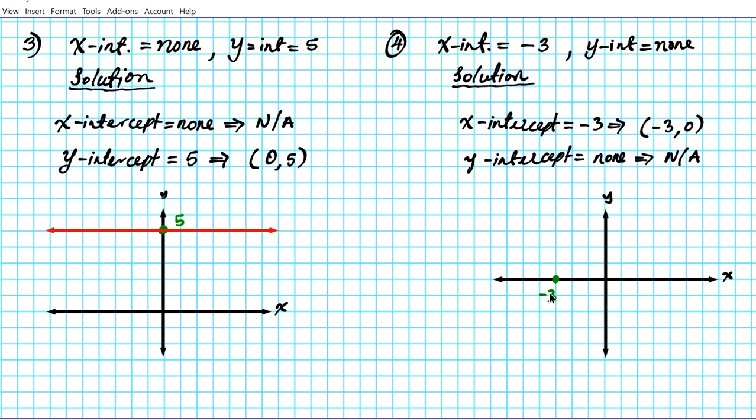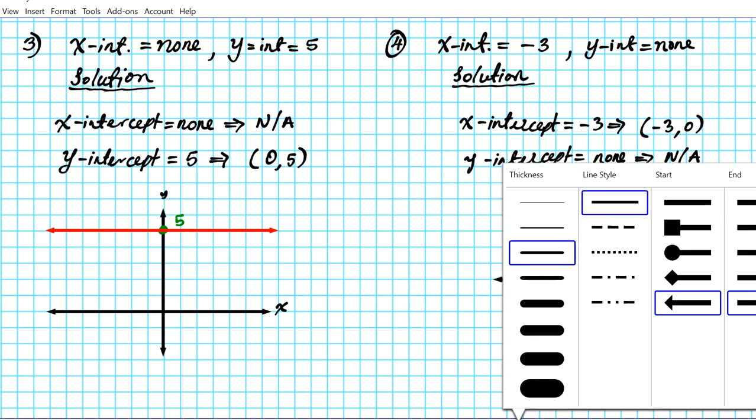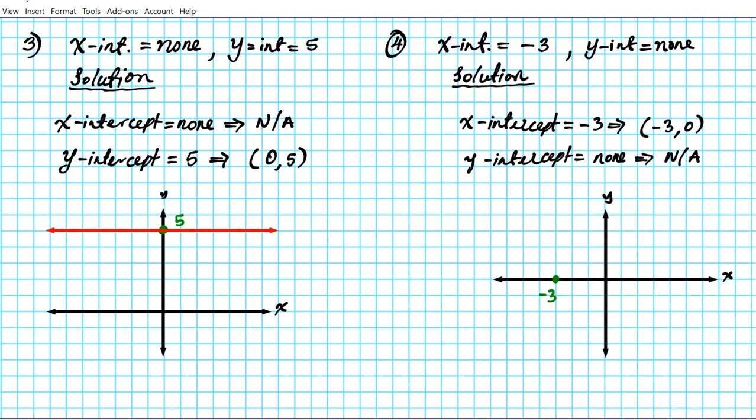Since the y-axis is vertical, that means the desired graph that we want is also a vertical line. Okay, so we have the vertical line going through -3 right there. And ladies and gentlemen, that's the graph for question number 4.